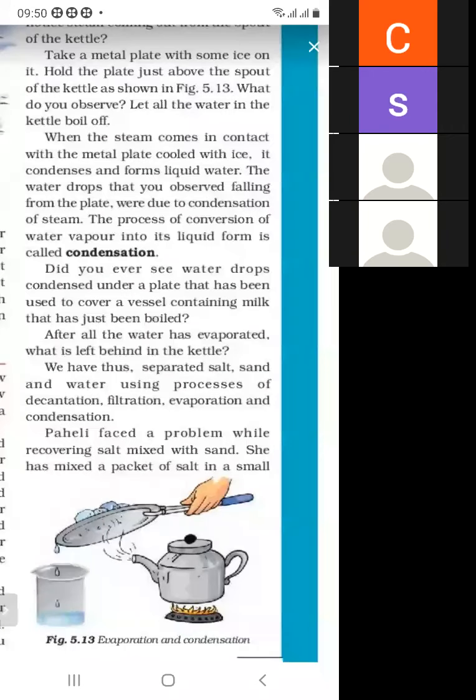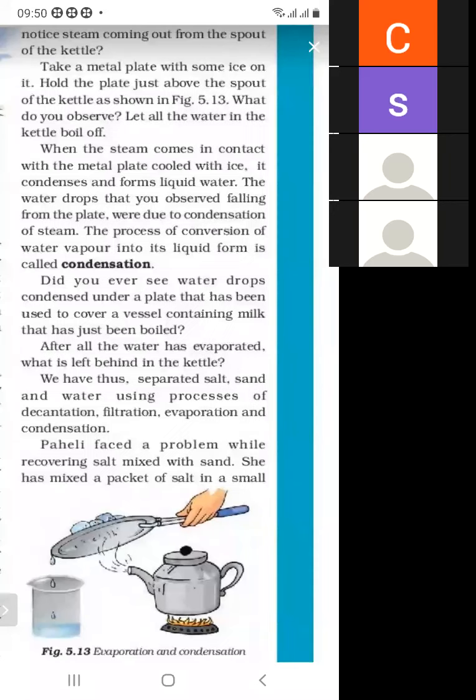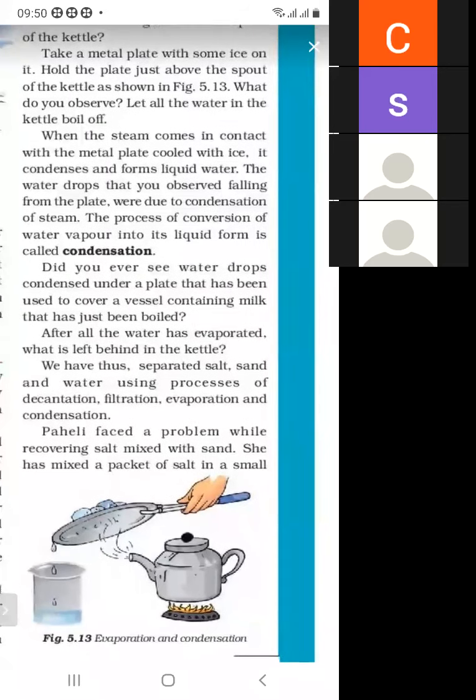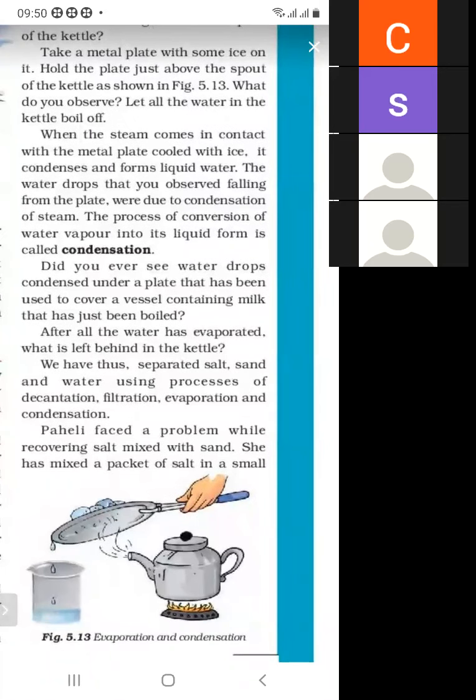Firstly, we will take a metal plate with some ice on it and hold the plate just above the spout of the kettle as shown in the figure 5.13. We are putting some ice on the metal plate and holding it above the spout of the kettle.